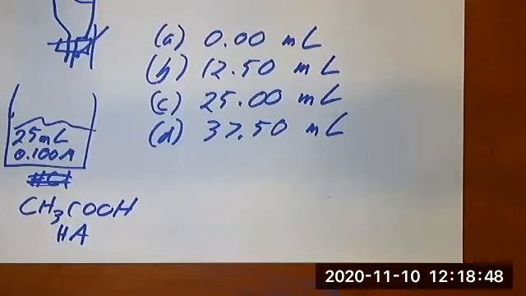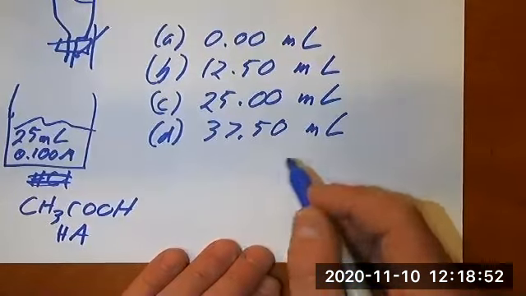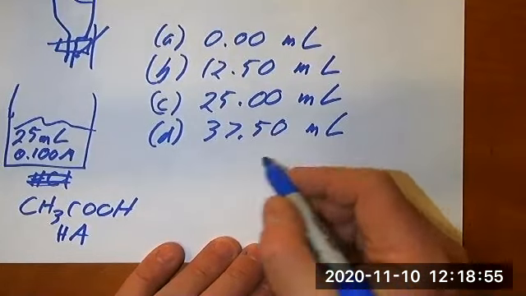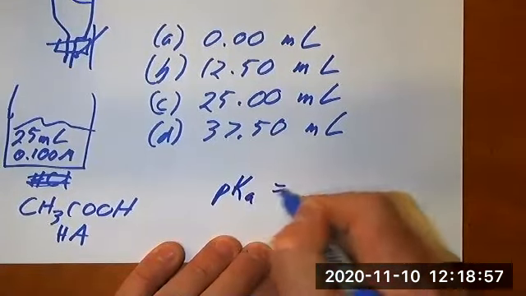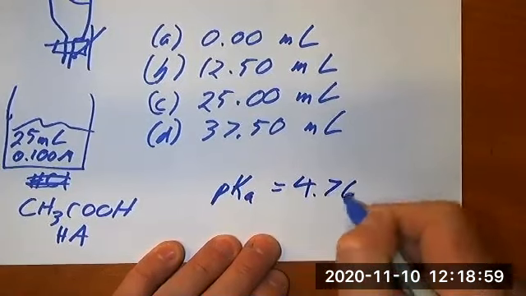In order to do this, we need to know the equilibrium constant for this weak acid. And so we have a pKa for acetic acid of 4.76.